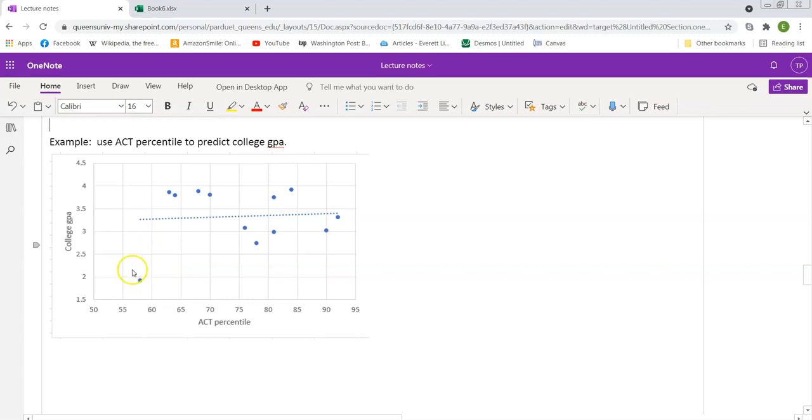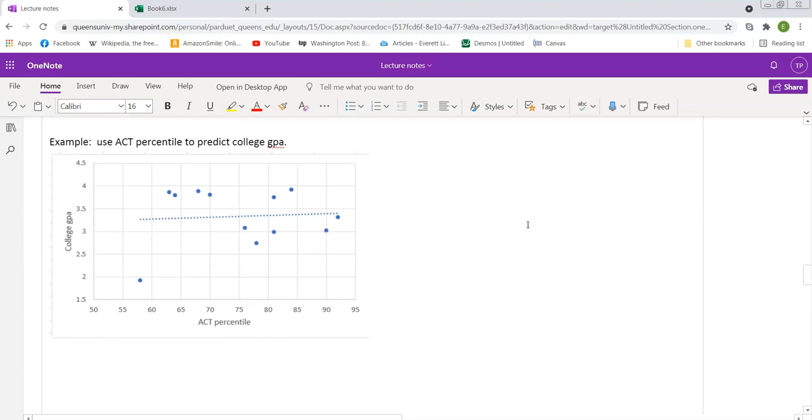So here's our scatter plot looking at ACT percentile on the horizontal axis and college GPA on the y-axis. So it looks like, if you remember from our correlation graphs, there's not going to be a strong relationship there. So ACT percentile is not going to probably be the best variable to look at.